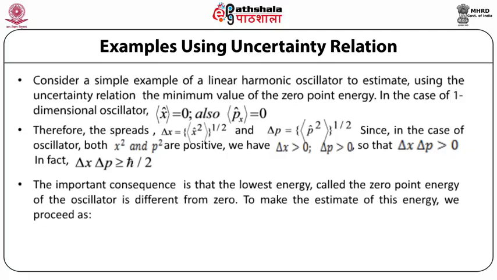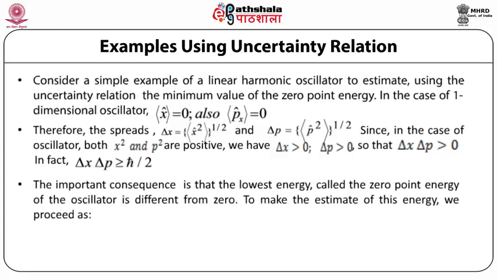Here it is important to see one point: while the expectation value of the operator x comes out to be 0 and that of the operator px also comes out to be 0, when we calculate the expectation value of the square of the operator x and the expectation value of the square of the operator p, those values do not come out to be 0.